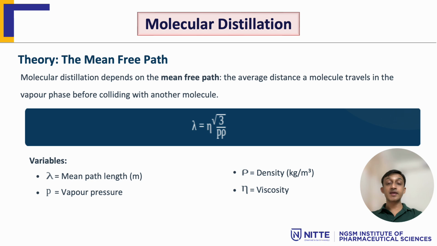Because of this unique mechanism, molecular distillation is sometimes referred to as short path distillation or non equilibrium distillation, since it does not rely on establishing full vapor liquid equilibrium in the traditional sense. This makes it extremely valuable in pharmaceutical applications where maintaining chemical integrity and biological activity is critical.